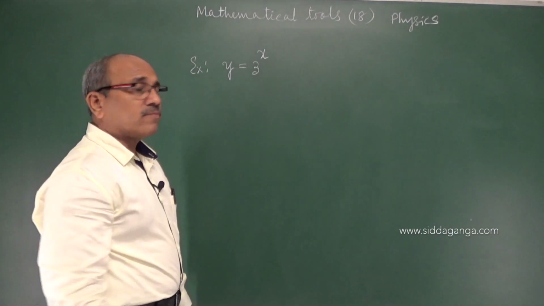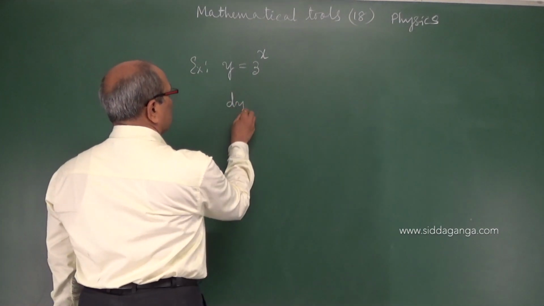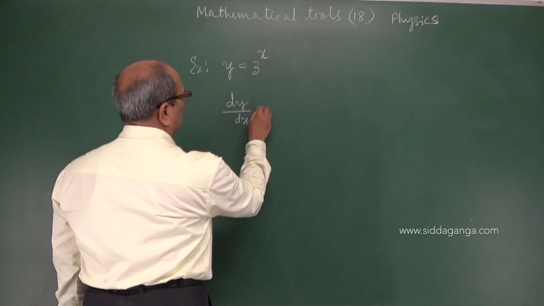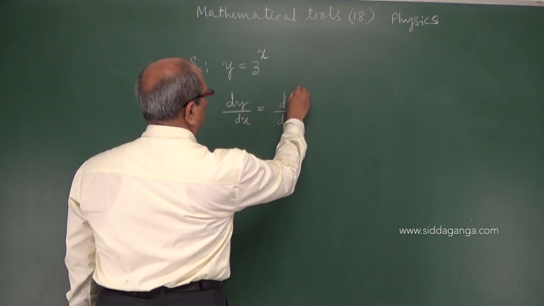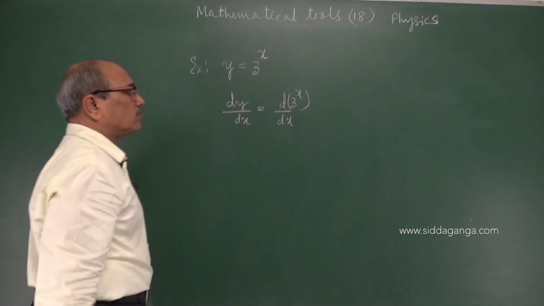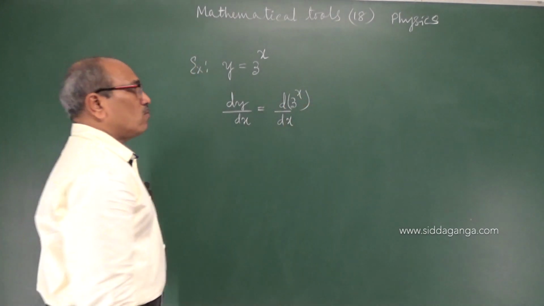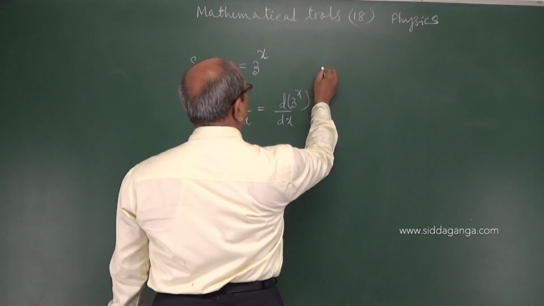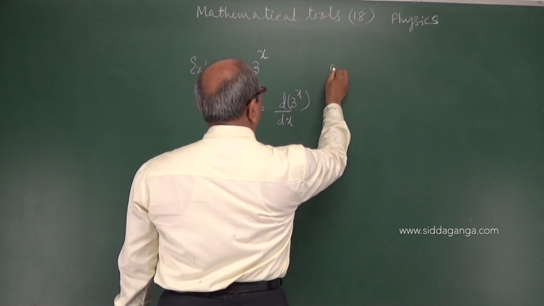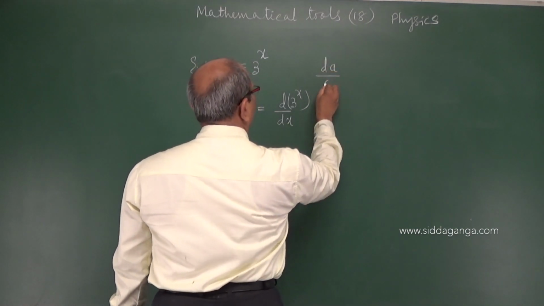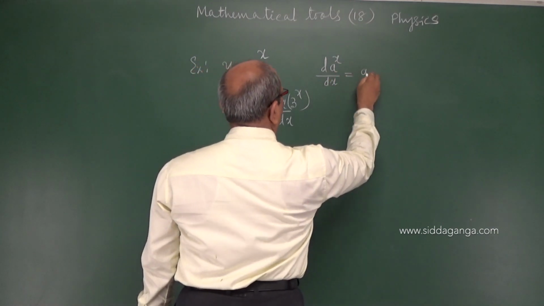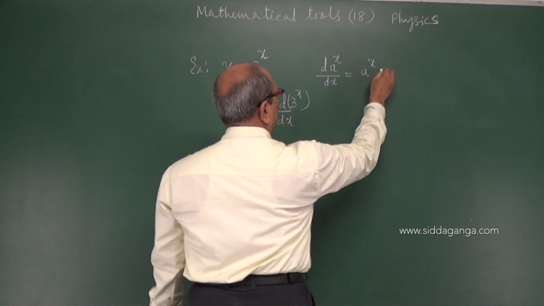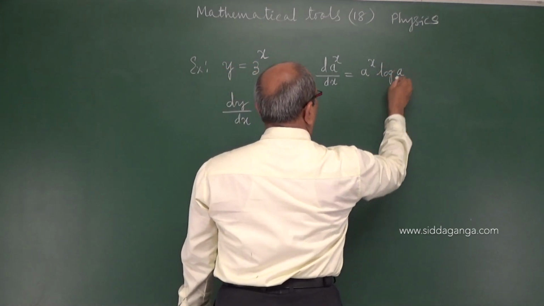What may be the differential of this? dy by dx, d by dx of 3 power x. One of the formulas given to you is that d by dx of a power x, where a is a constant, is a power x into log a.